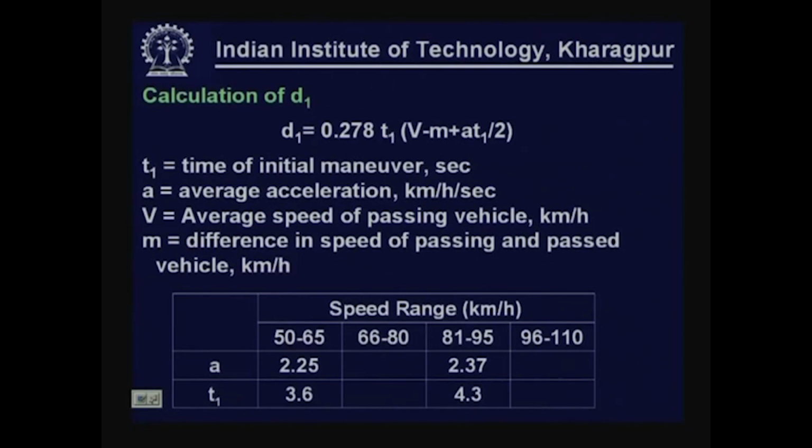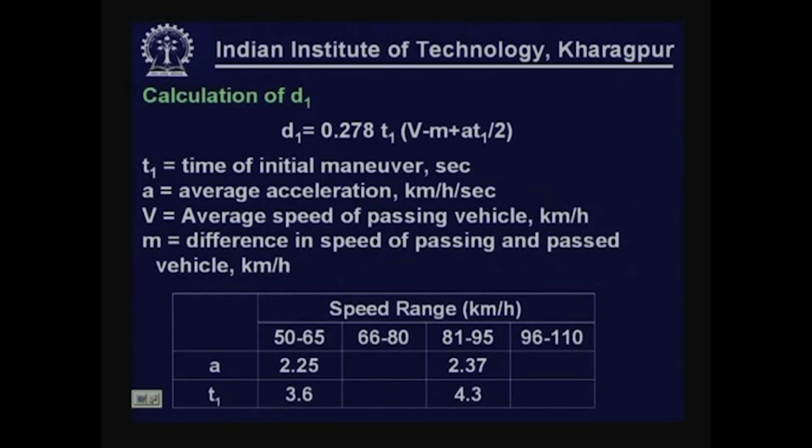So, this is expressed as 0.278 T1 multiplied by (V minus m), plus half into A into T1 squared, if the time required is T1. It is nothing but distance equals speed multiplied by time plus half of acceleration into time squared, the same basic equation.